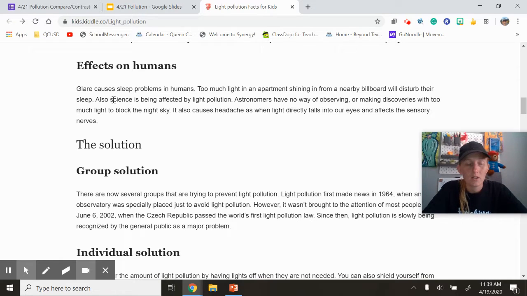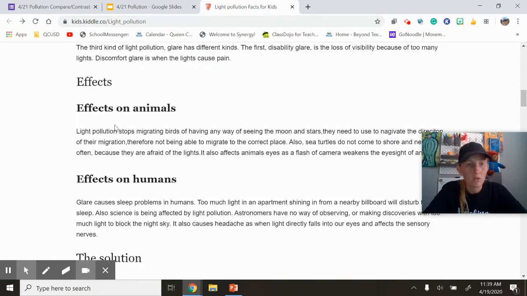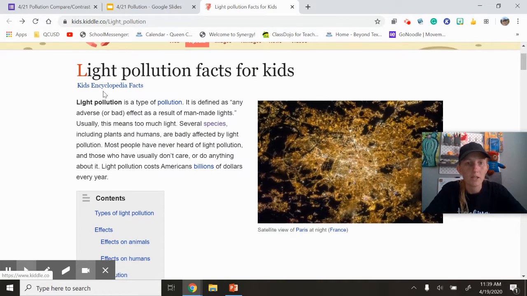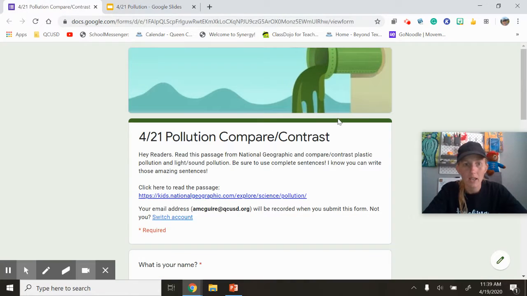It's almost like too much screen time, which causes us sleep problems too. So light pollution is a type of pollution that hurts the environment in a different way. So let's go ahead and go to your challenge for today.